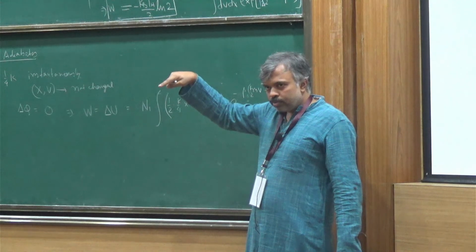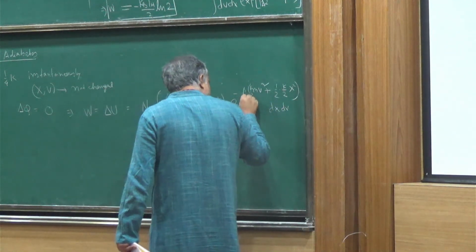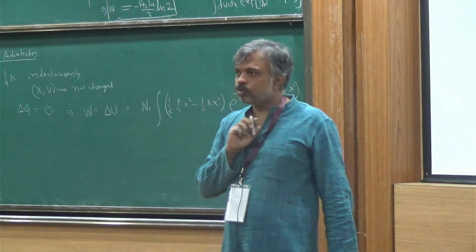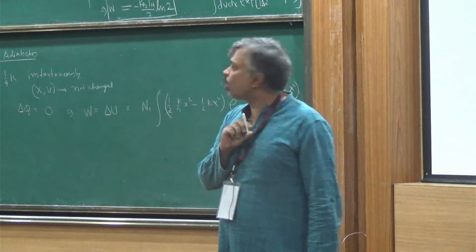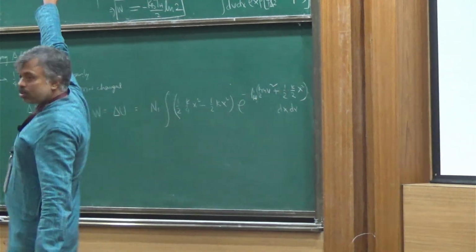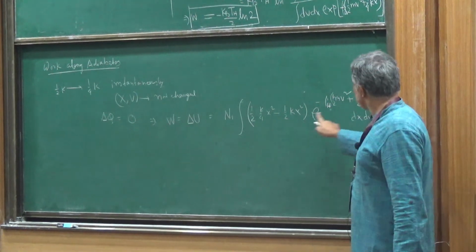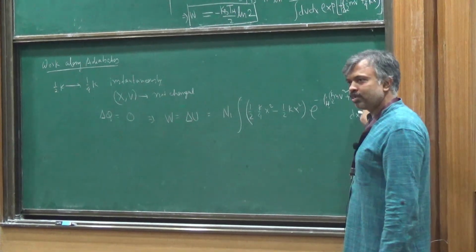The beta corresponds to hot. Exactly. In this case, the spring constant has changed from k by 2 to k by 4. Why are we just taking k by 2? That is what I am explaining. This is the distribution.